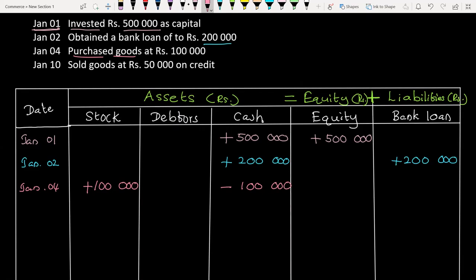Okay, next transaction, sold goods on credit. 10th of January. Sold goods means stock decreases by 50,000. And on credit means debtors increase by 50,000.